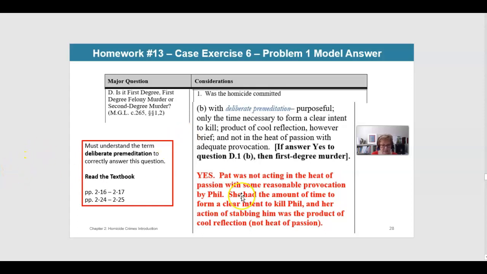So we've answered yes to part B of question D. So therefore we have the three things we need for this form of first-degree murder: a criminal homicide with malice aforethought and deliberate premeditation.